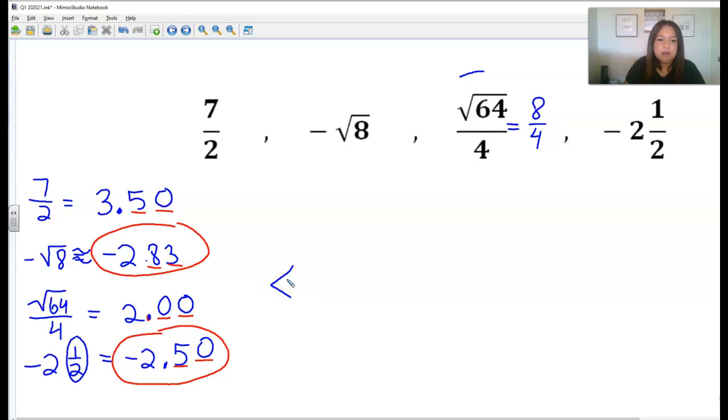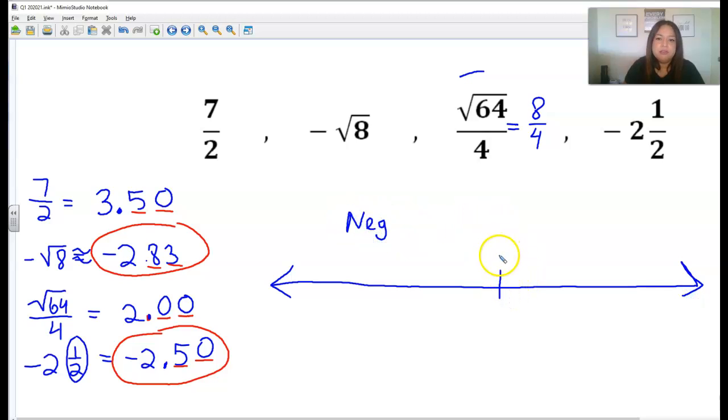Okay, now let me go ahead and draw myself a number line. I'm going to put my negative numbers over here on the left. Here's 0, and I'm going to put my positive numbers over here on the right. So I'm going to start with my negative numbers, and I'm going to decide which one's the farthest away from 0.